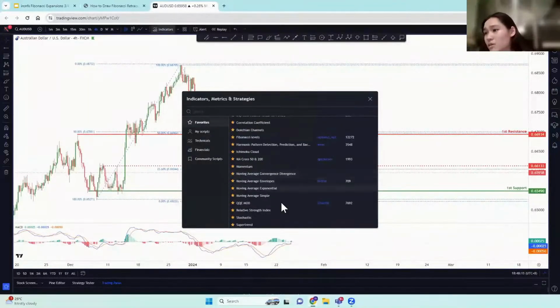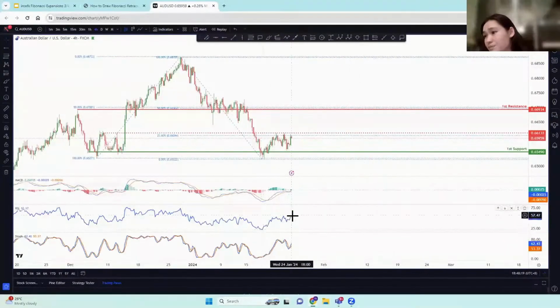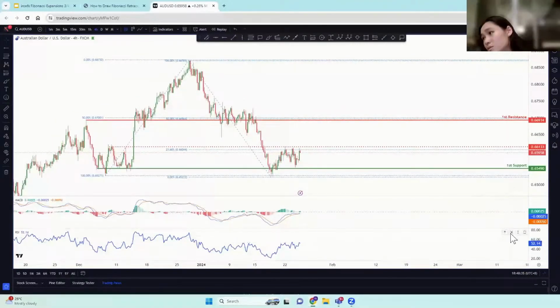Let's look at our RSI and stochastic. They're both not telling us much.